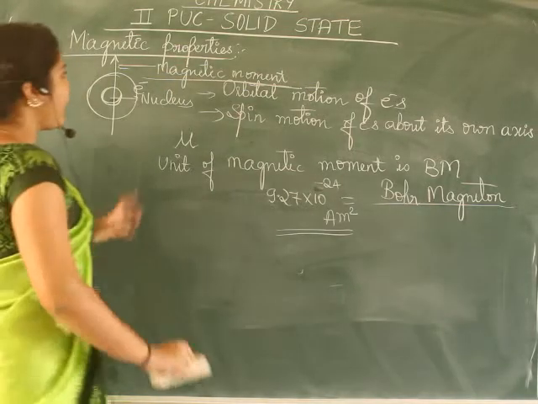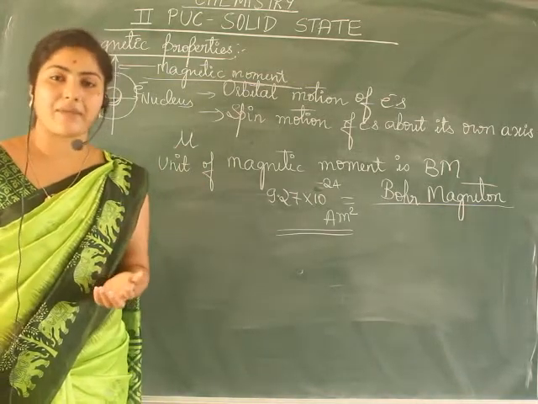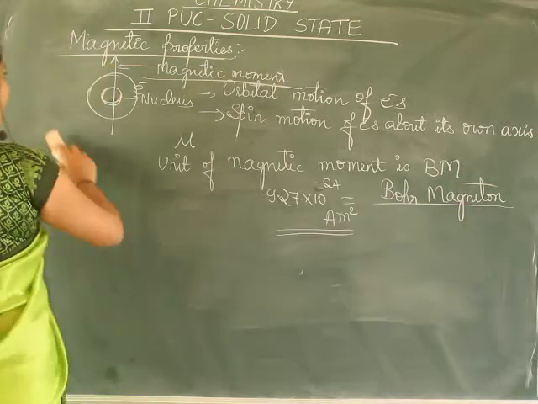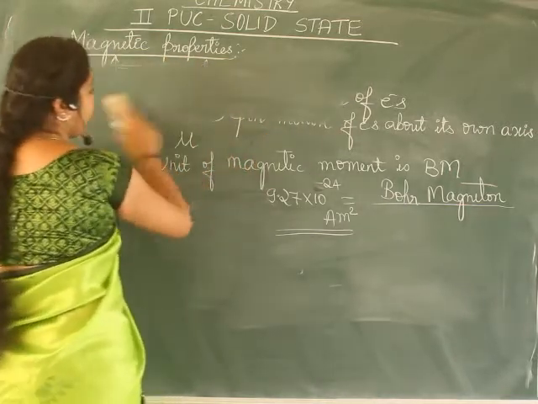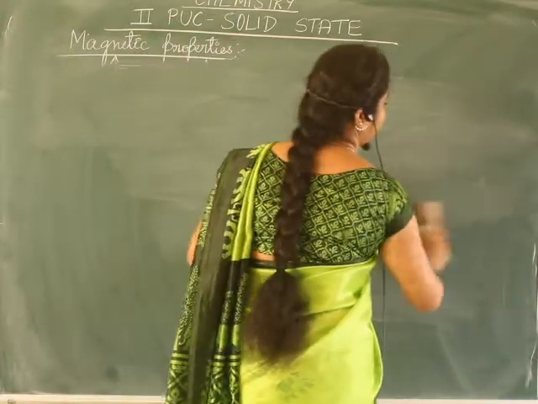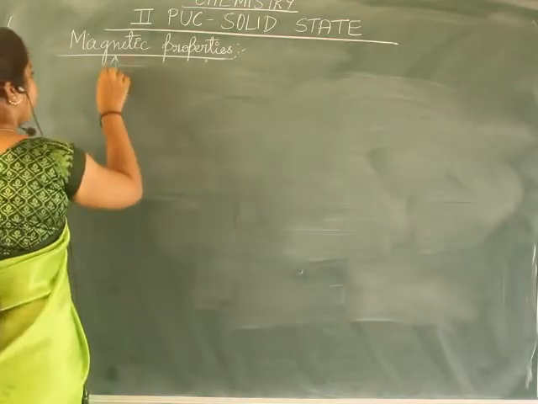Now we will see that, on the basis of these magnetic properties, solids or substances can be classified into different categories. On what basis are they classified?